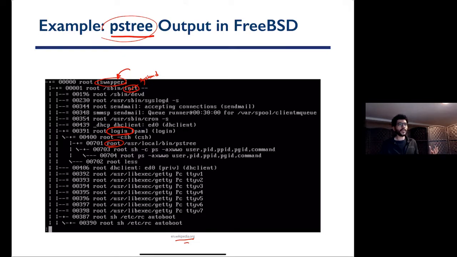So the reason we make init the parent of these abandoned or orphaned children is that when they terminate, we want somebody to clean things up after them, and init does that. So becoming a parent of child processes, that's pretty much what you're there for.